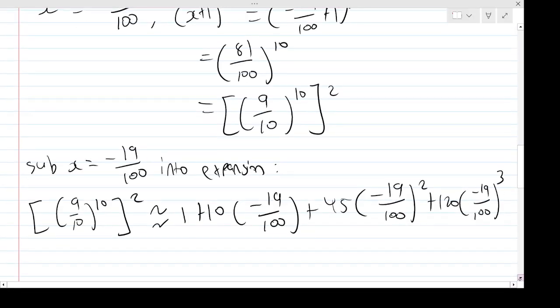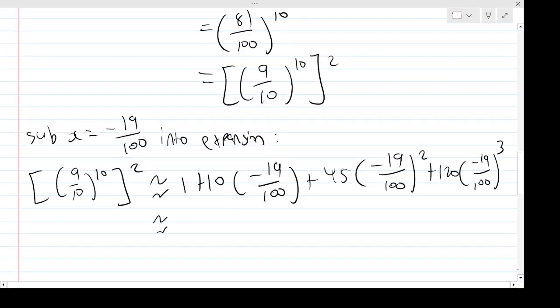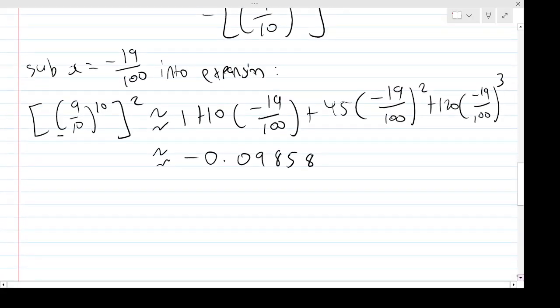If I put that in the calculator, this is minus 0.09858. But this is ((9/10)^10) all squared. So to get (9/10)^10, I need to square root it.